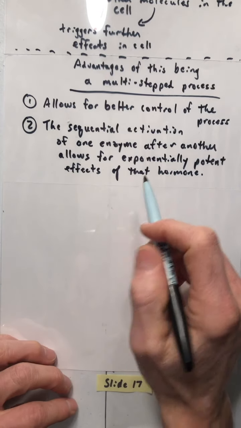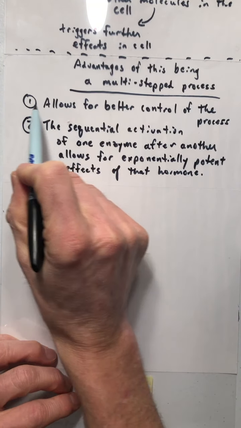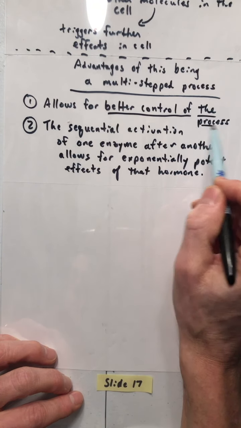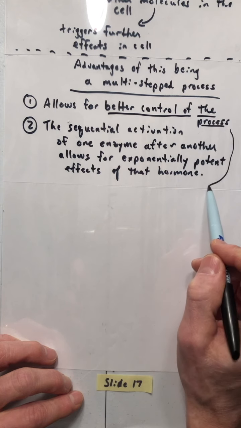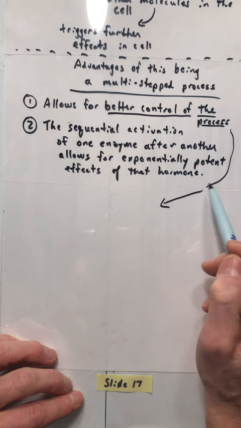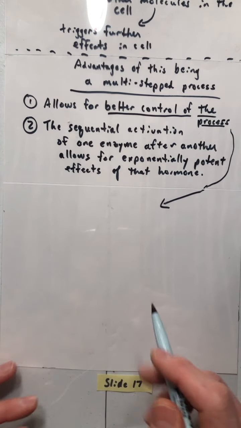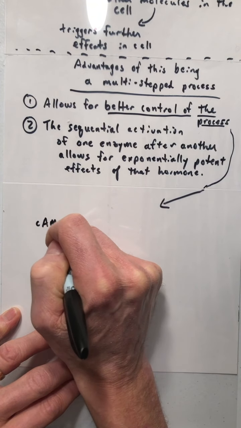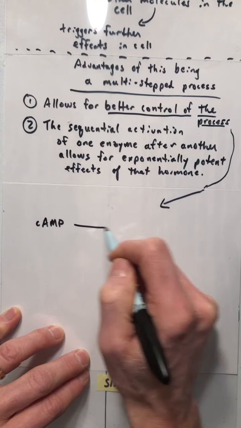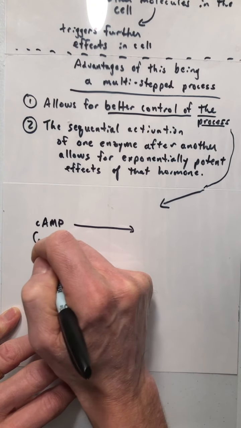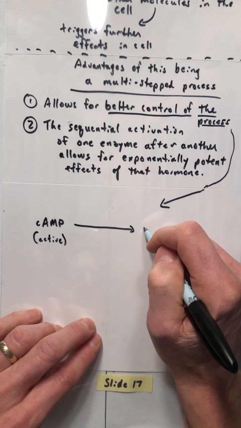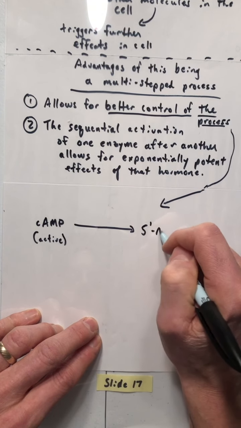Now, let me give you an example of the first advantage I mentioned here, better control of the process. One thing that's not shown on slide 17 is that cyclic AMP, that second messenger, can get deactivated. So you have active cyclic AMP, it can actually get deactivated into what's called 5' AMP.